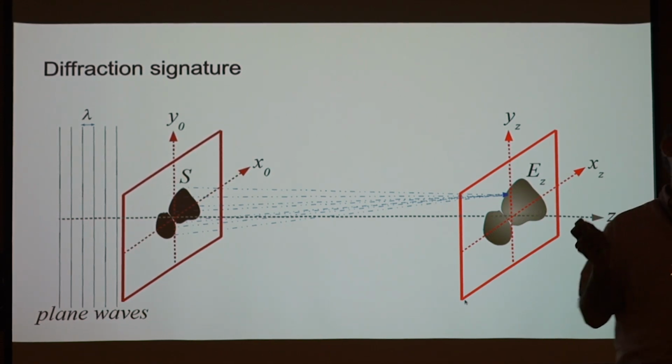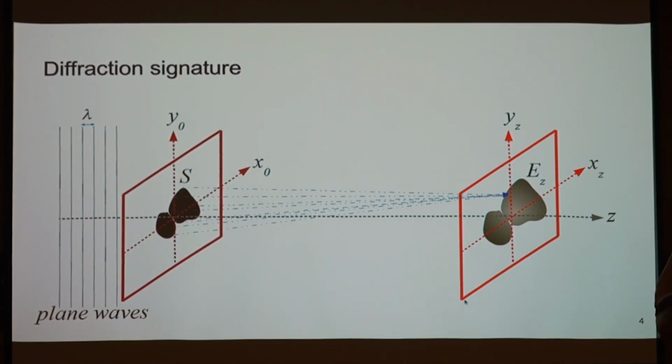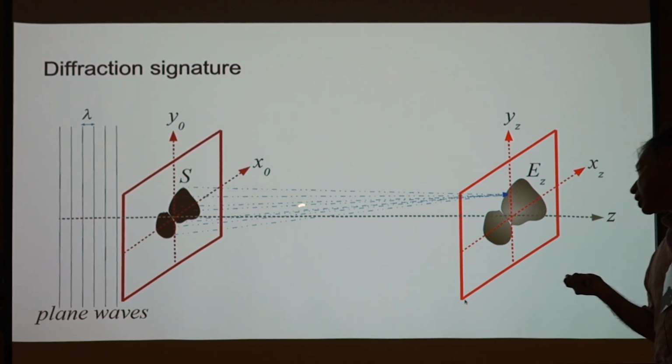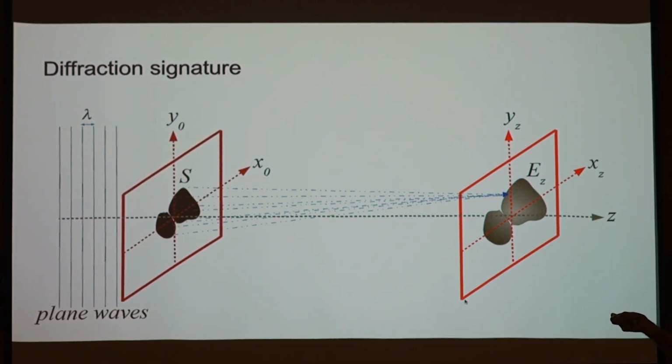That's the complication of this. And when we detect something, we detect intensity, and we lose the information of the phase. If we want, we can model the electric field using the phase, but when we detect it, we have to take the modulus squared of the electric field.